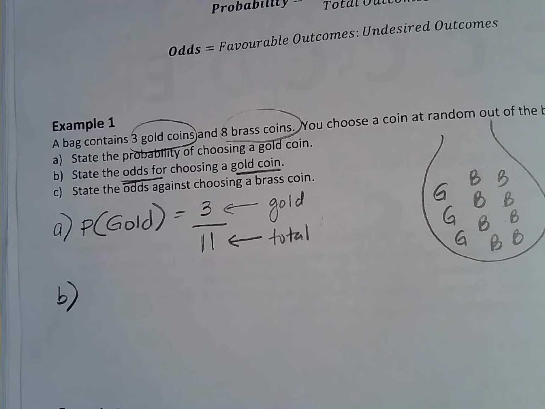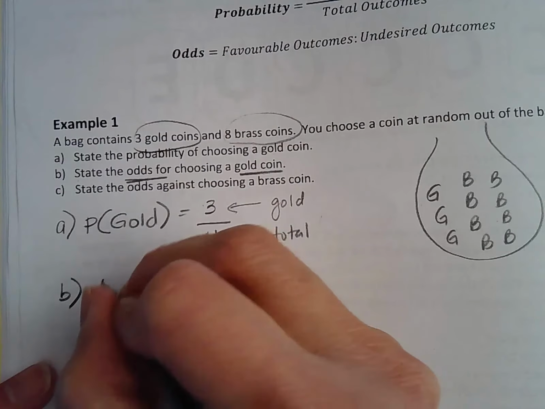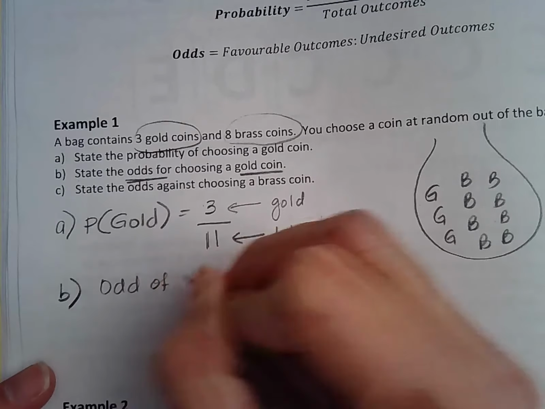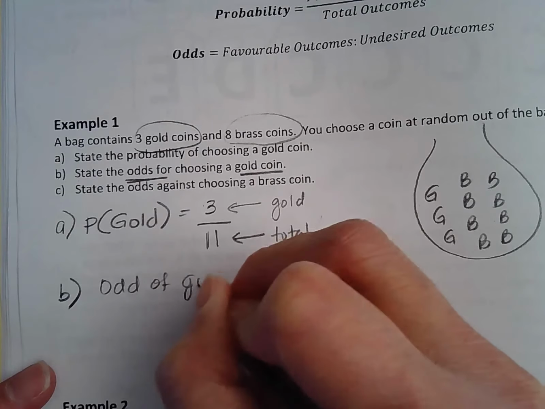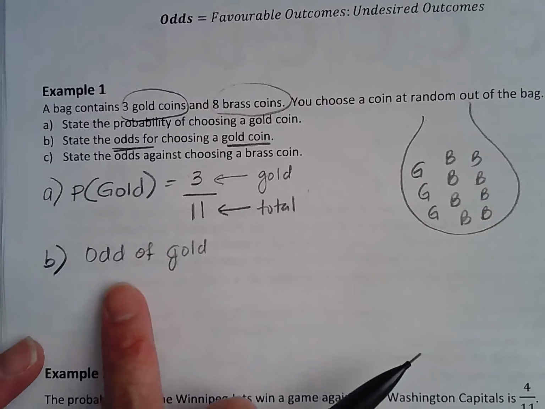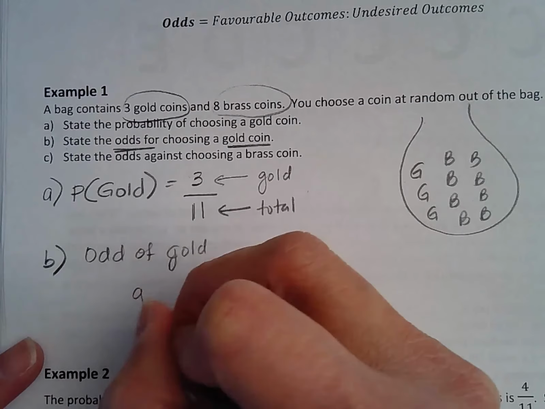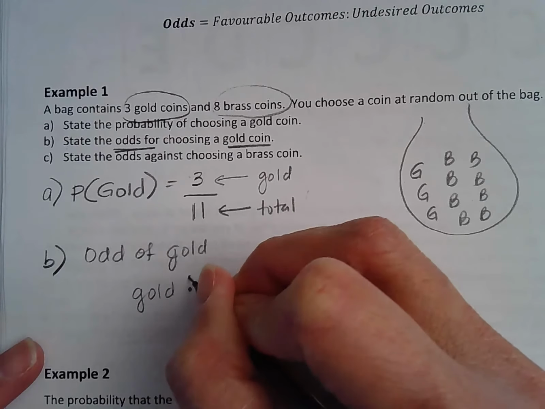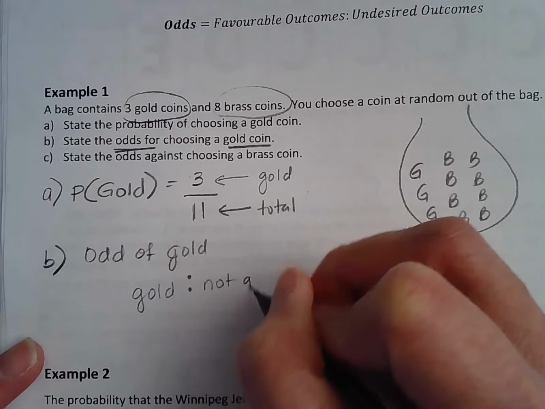So this is the odds of picking a gold. When we talk about odds, it's part to part. So gold is to not gold.